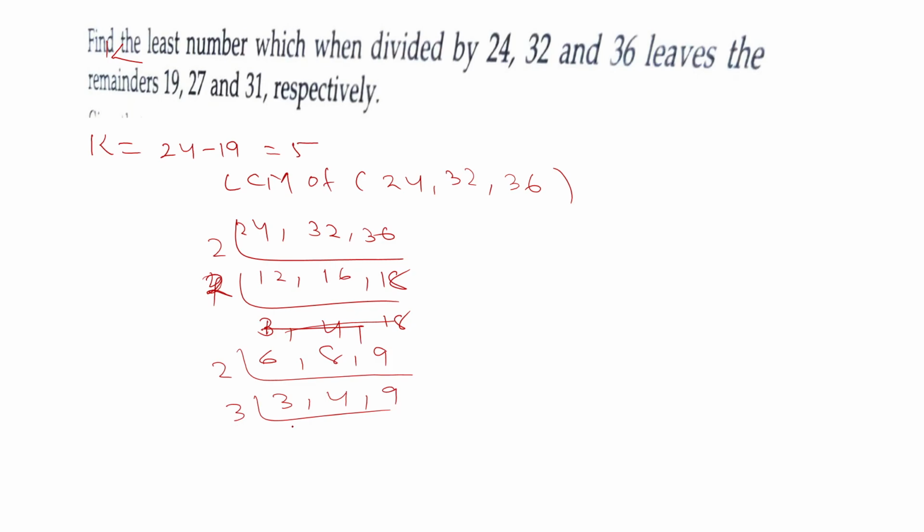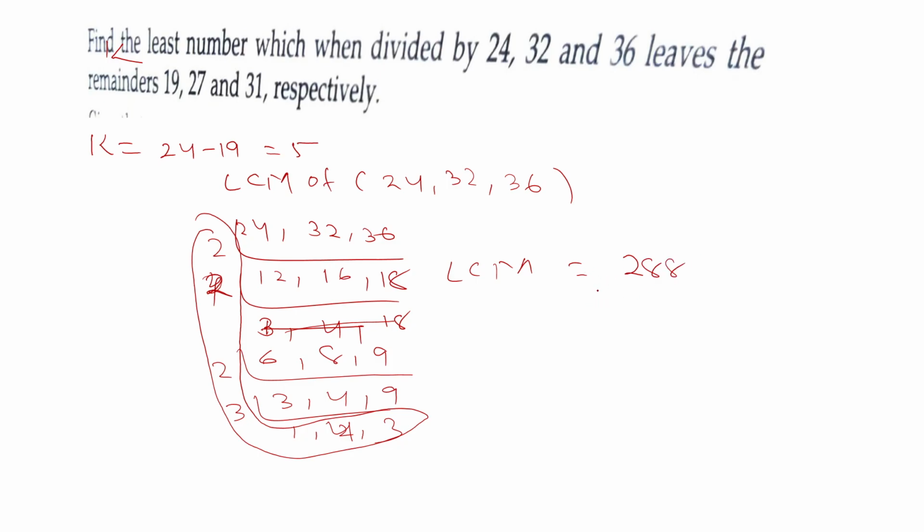Then again by 3, that will be 1, 4, 3. We can multiply these things and the LCM will be what? 2 into 2, 4, 8, 24, 288 will be the answer. Okay, LCM is equal to 288.